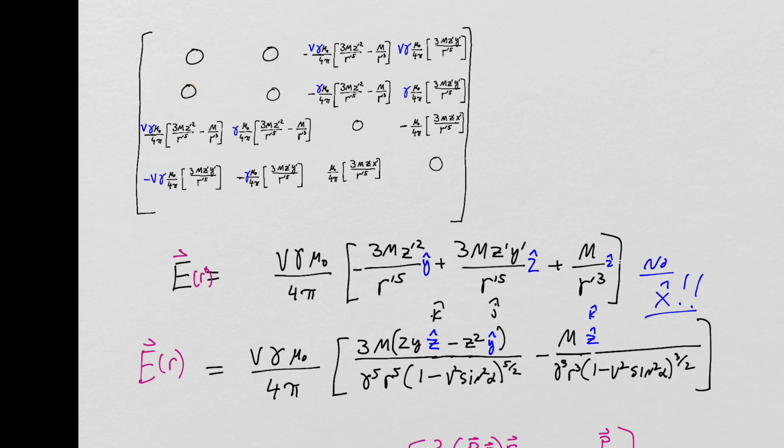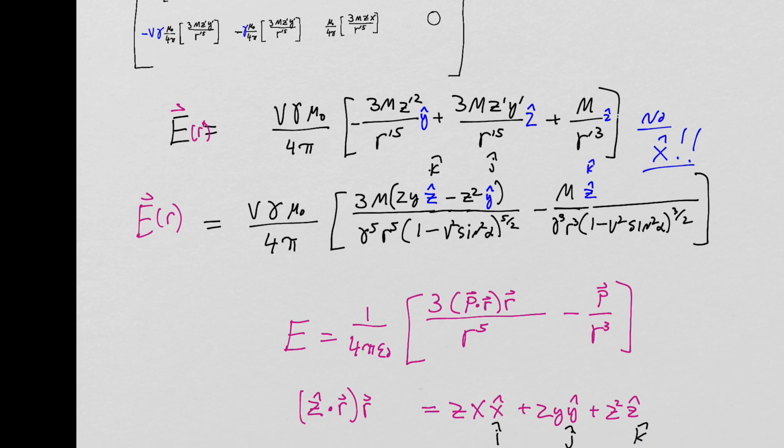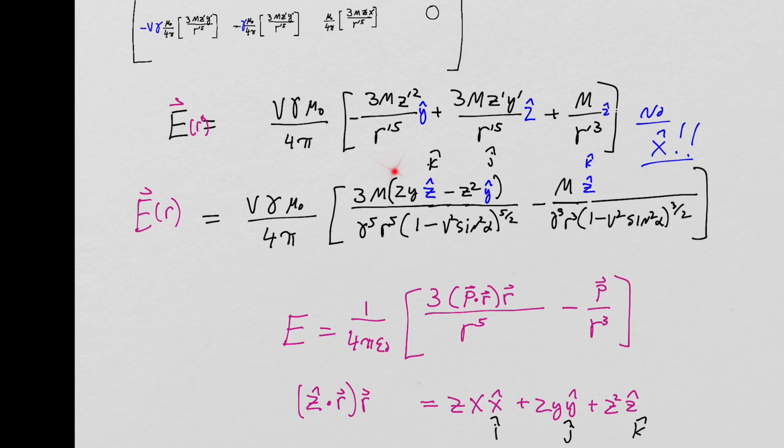Because these two numbers are zero. So the point is that this guy here, which is the electric field in the lab frame of this moving dipole, is not an electric dipole. It is something else. It is this thing. This is what it exactly is, because our transformation is not wrong, but it is not an electric dipole.